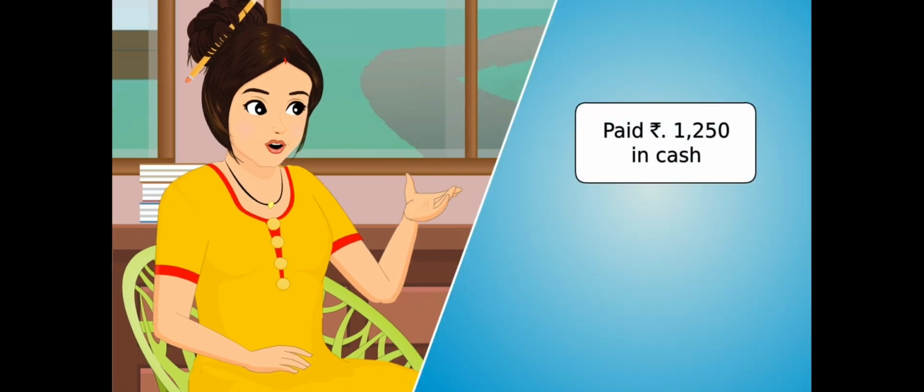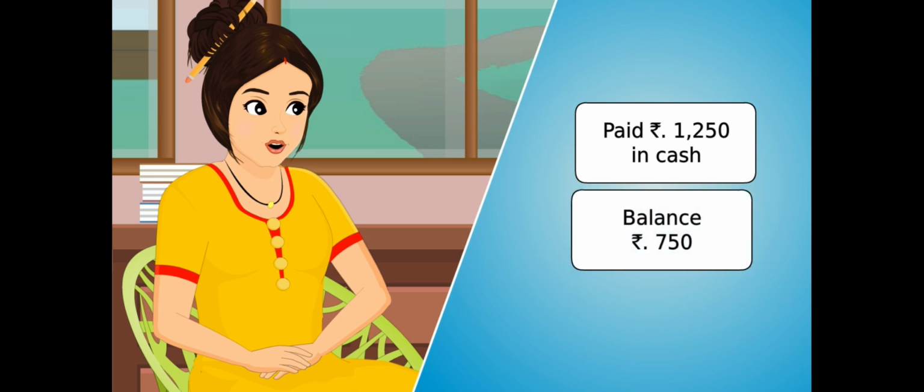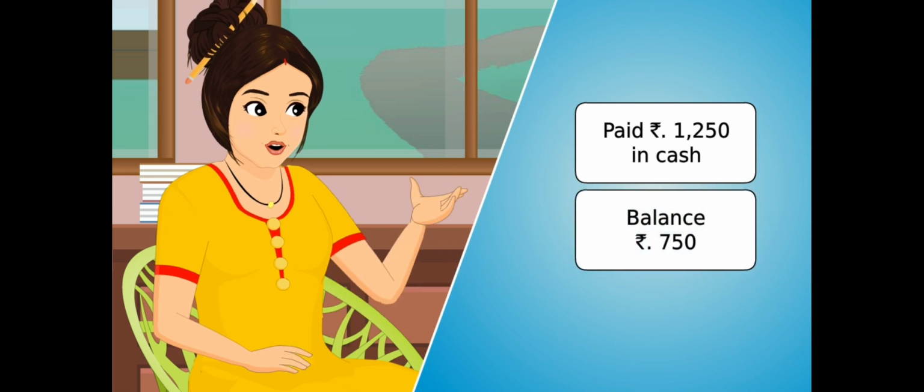Suppose he paid rupees 1,250 in cash to buy vegetables, and he bought the balance rupees 750 worth of vegetables on credit. He will pay his vegetable supplier the rupees 750 after 2 weeks.